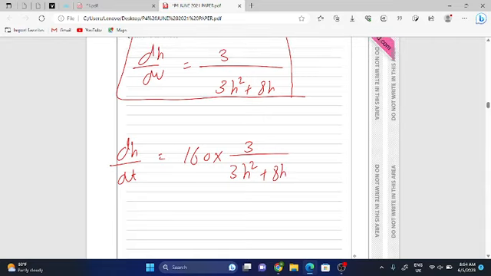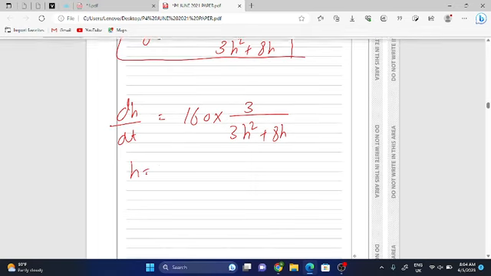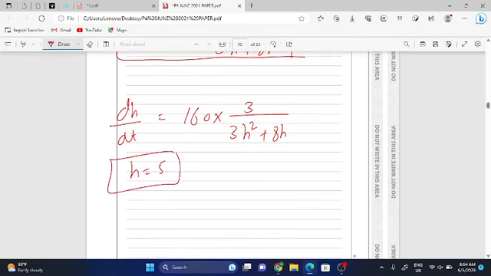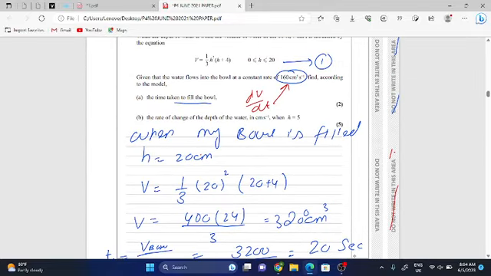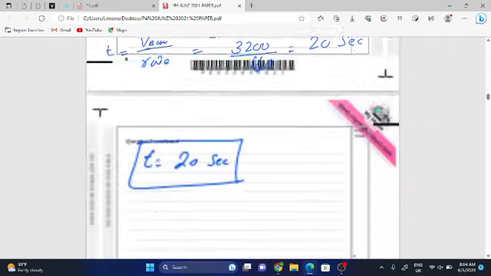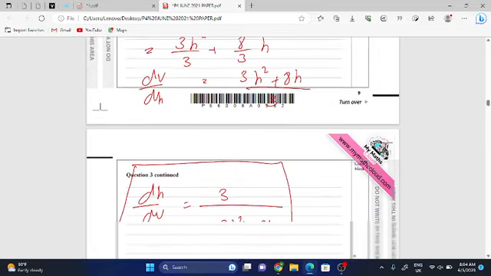I have to check its value when h is equal to 5. It's given to me in this question. I have to find the rate of change first, then fix the value of h, that should be 5. So at every place of h I have to plug 5.